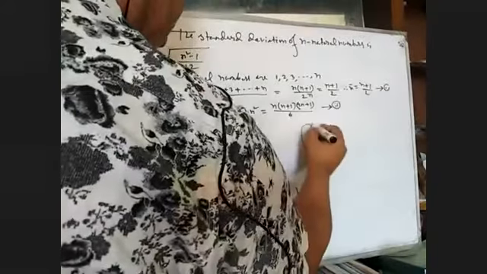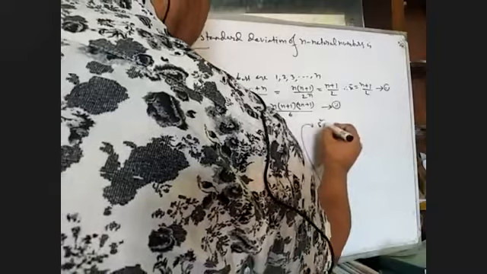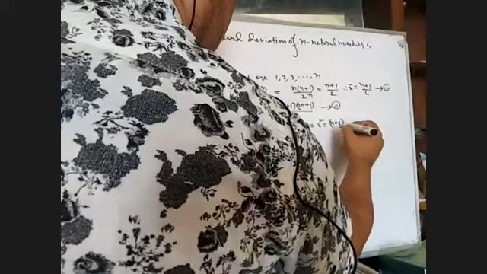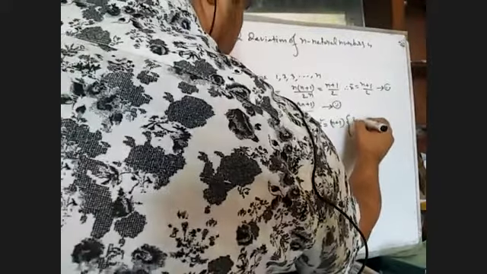After this line, we can write s square equals to n plus 1 common. Then we get twice n plus 1 by 6 minus n plus 1 by 4.